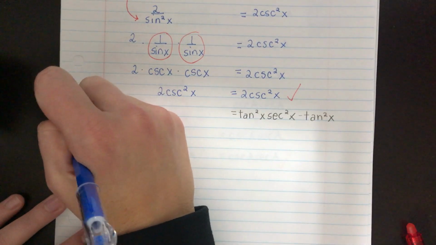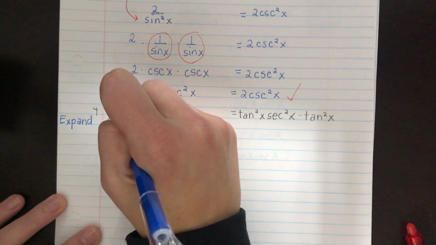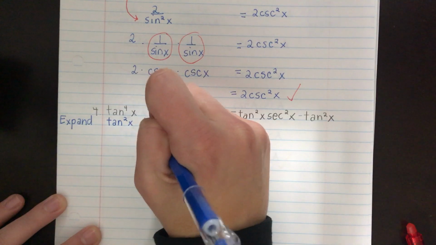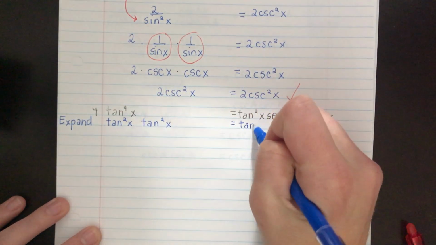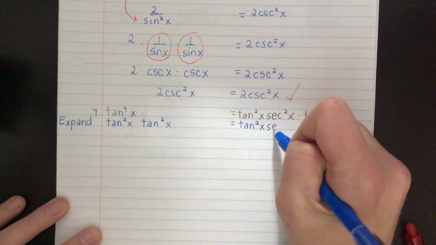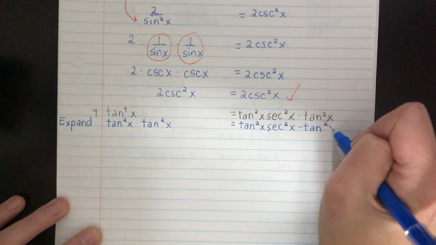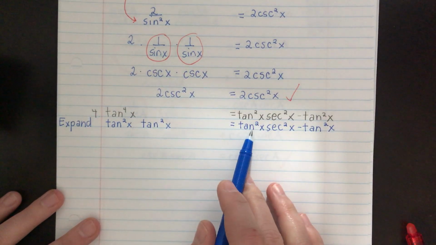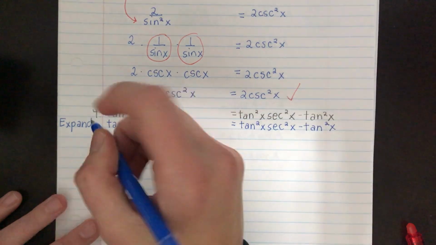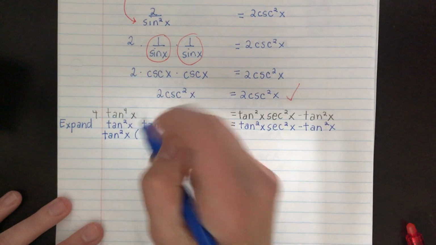Of course, you can expand that to be tangent squared of x times tangent squared of x. And then, because of the way this looks, there's this minus in between here. I'm thinking, oh, that's going to use one of our properties. So let's try. We have tangent squared in front. We know we want to keep this tangent squared in front, so let's do that. Tangent squared x in front.